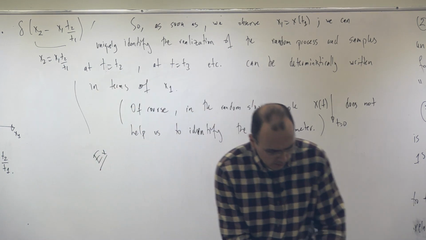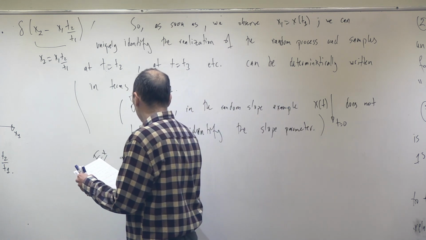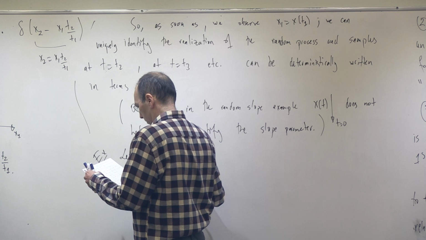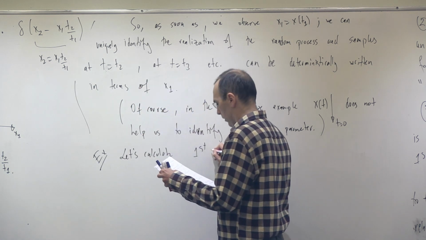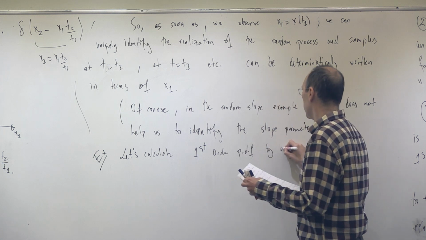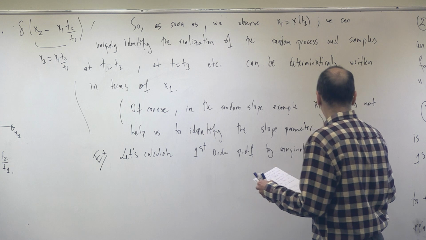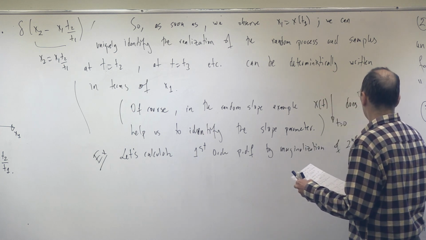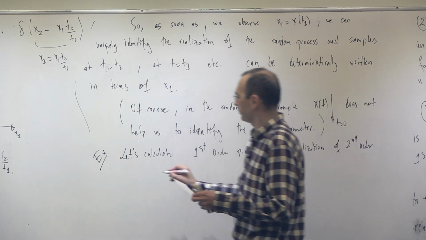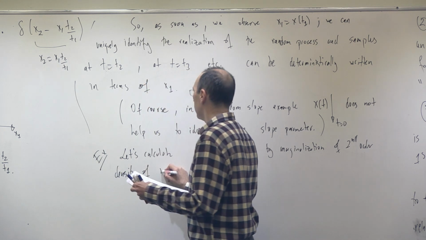So what is this example? Let's calculate first order p.d.f. by marginalization of second order density of random slope process.